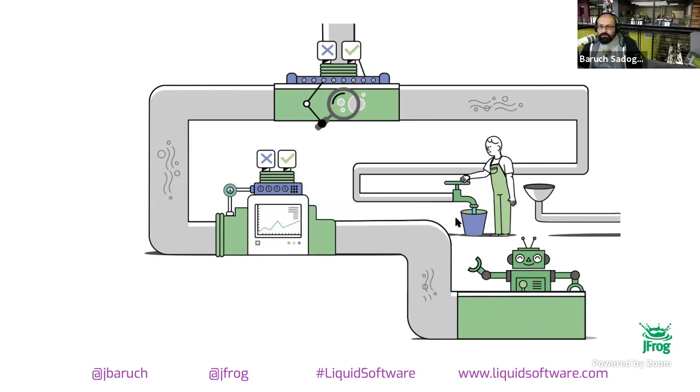Software flows through the pipes, and we have automated validations and verifications. And then in the end of this process, there is one tiny manual task. And this one tiny manual task brings the entire flow of our software to a halt and introduces something that will kill the entire liquid software concept.